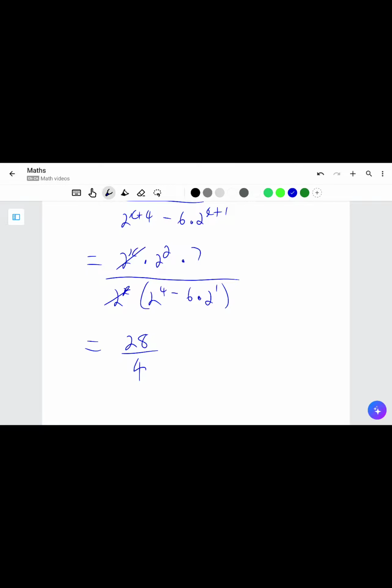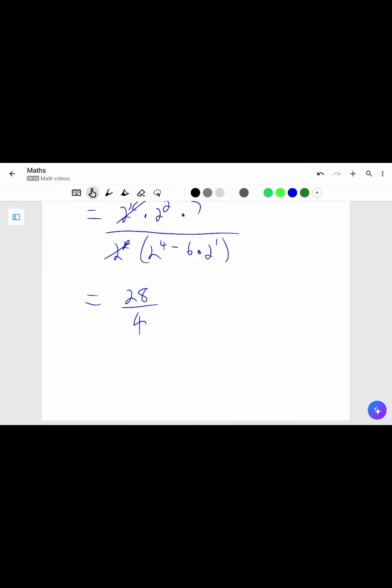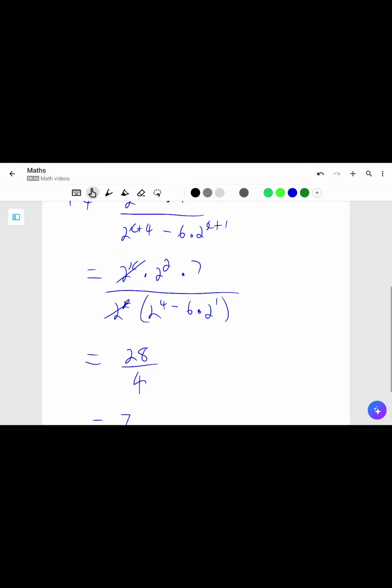Now we know that 4 is a factor of 28, so 4 goes into 28 how many times? And you guys have guessed it correctly, that is 7 times.